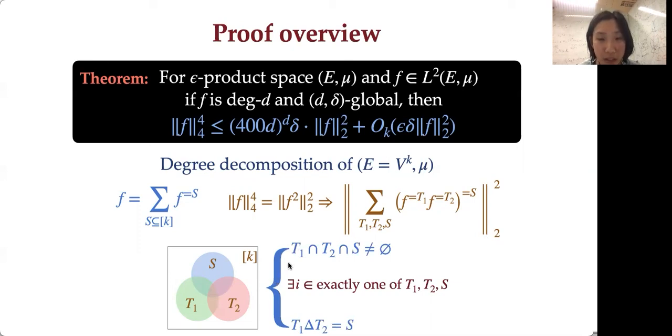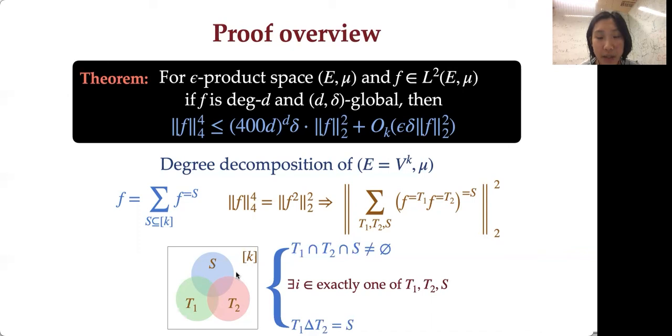In the first case, the intersection of all three sets, basically this area, is non-empty. In the second case, we want the three petals, this S petal, this T1 petal, and this T2 petal here, to be non-empty.